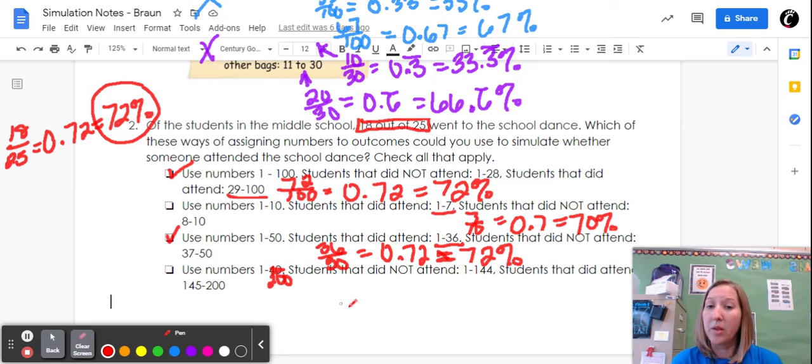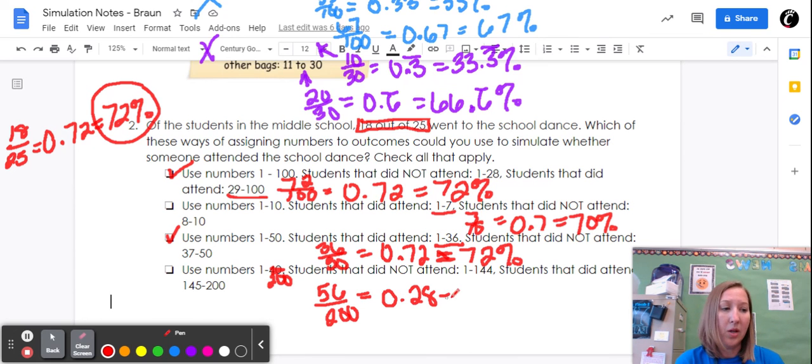All right, so the numbers 1 through 200. So 145 to 200 did attend. That means from 145 to 200, that is 56 numbers out of my 200 total numbers. And then when I divide that, I get 0.28, which is 28%. That is actually not going to match up.